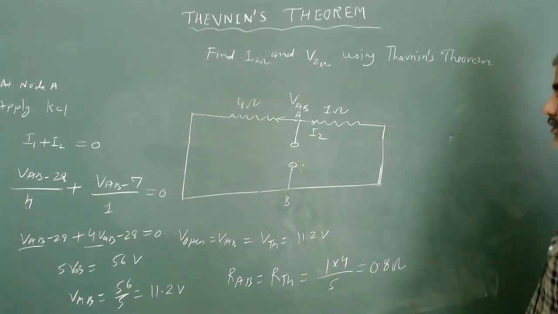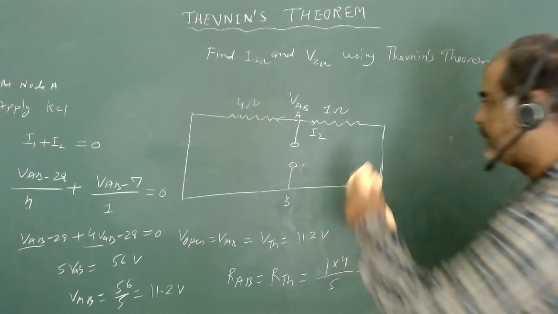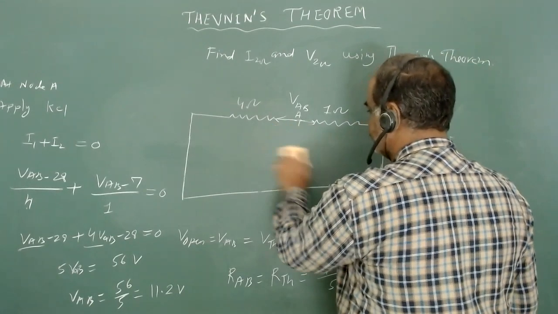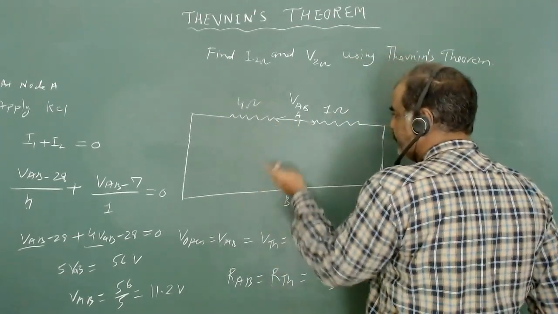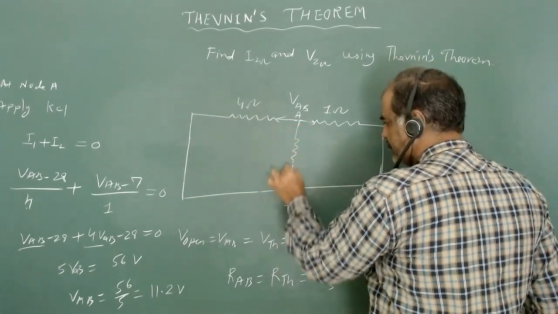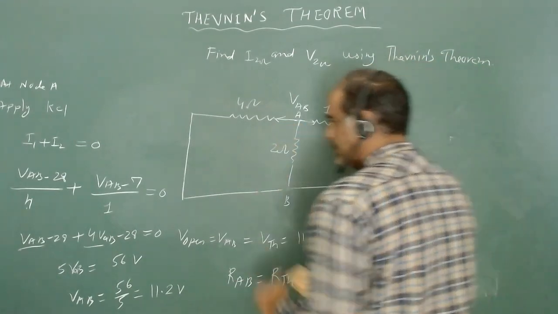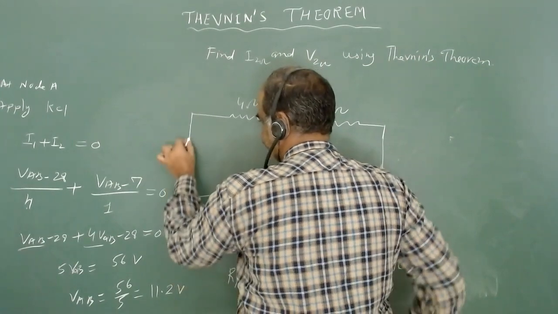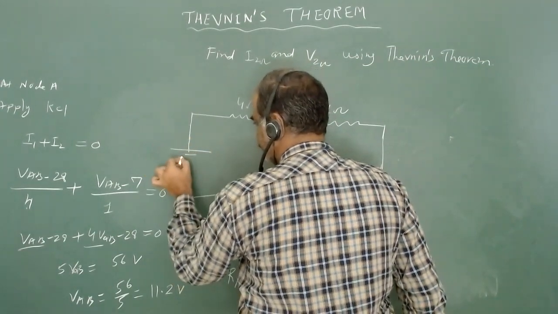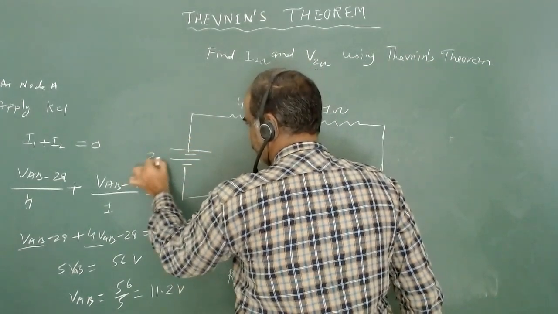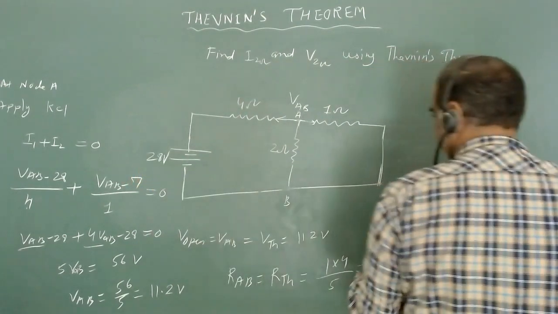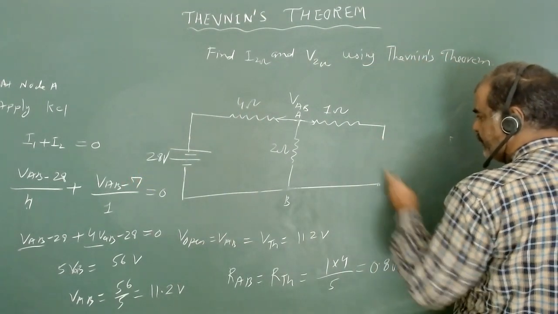Now I can give the Thevenin equivalent circuit of this given circuit. Here I have the 2 ohm resistance, here the 28 volt battery, and here the 7 volt battery.